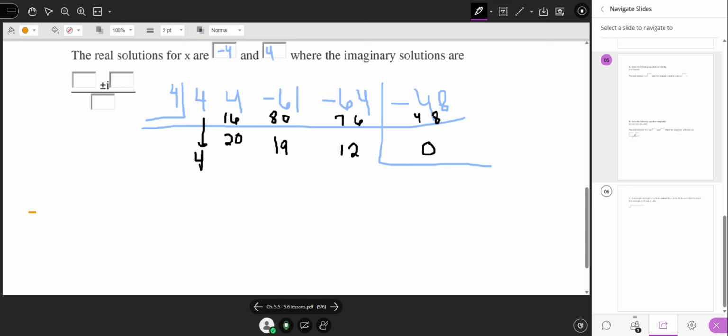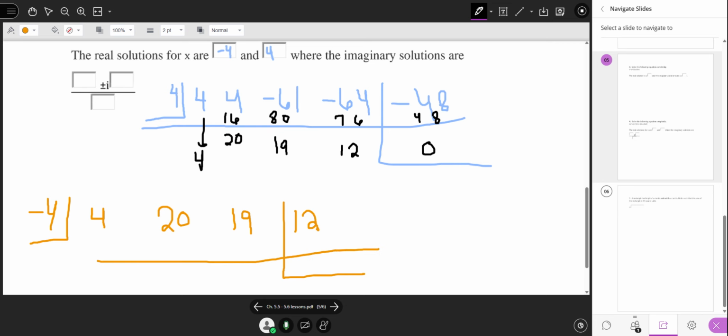Now, do negative 4 and bring down the 4, the 20, the 19, and the 12. So all we're doing is synthetic division with what we already had.